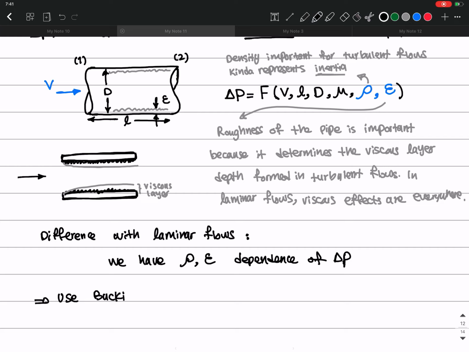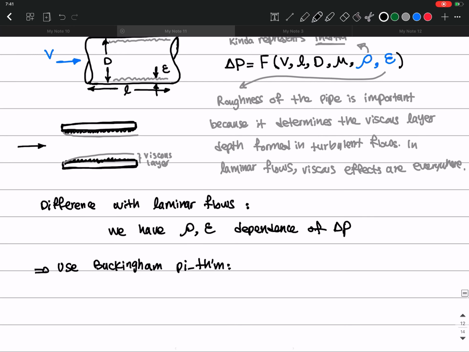So if we use the Buckingham Pi Theorem, how many variables do we have now? K is going to be 1, 2, 3, 4, 5, 6, 7. So we have 7 variables.